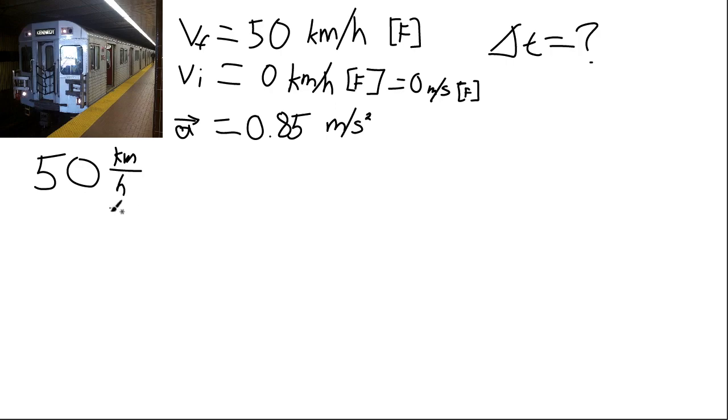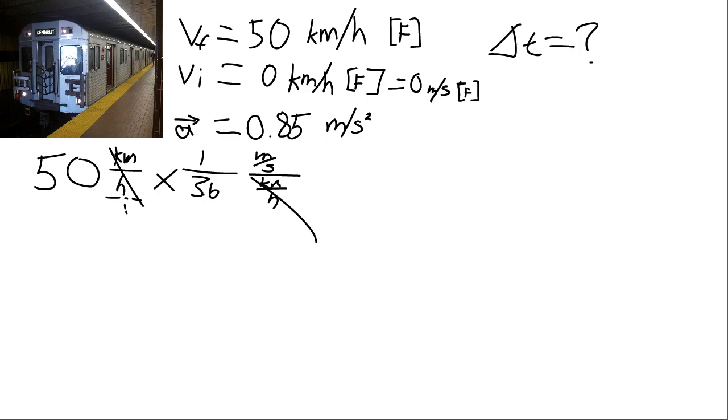So you will have to multiply by 1 over 3.6 meters per second over kilometers per hour. There's an imaginary 1 there, so you can just cancel that out.